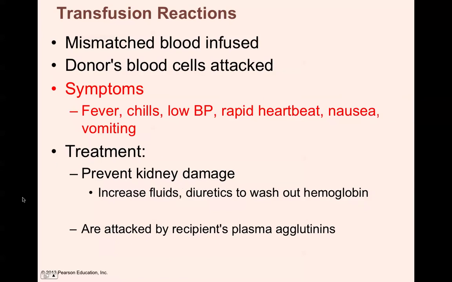You have to treat it to prevent kidney damage, because the hemoglobin can come out of solution and damage the tiny kidney structures. So you have to increase the fluids and the diuretics to wash out the hemoglobin. So what happens is that the recipient's plasma agglutinins are attacked.